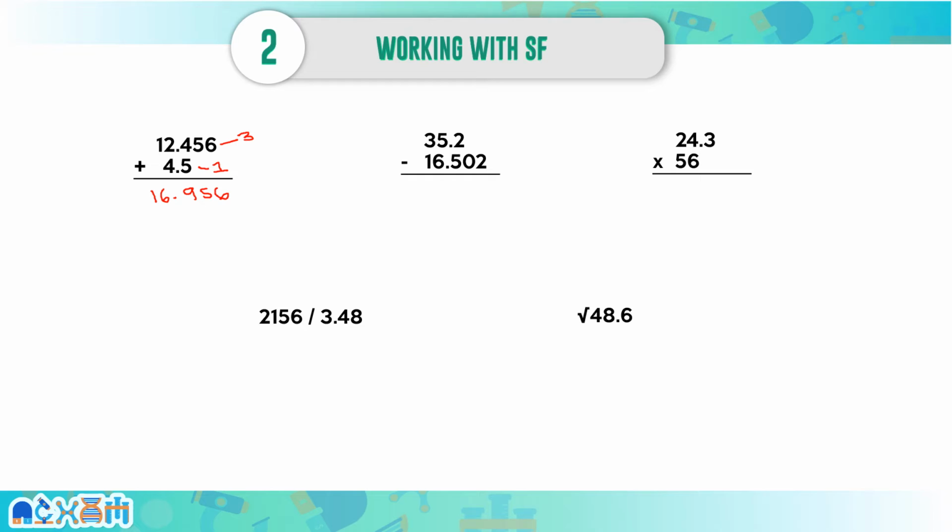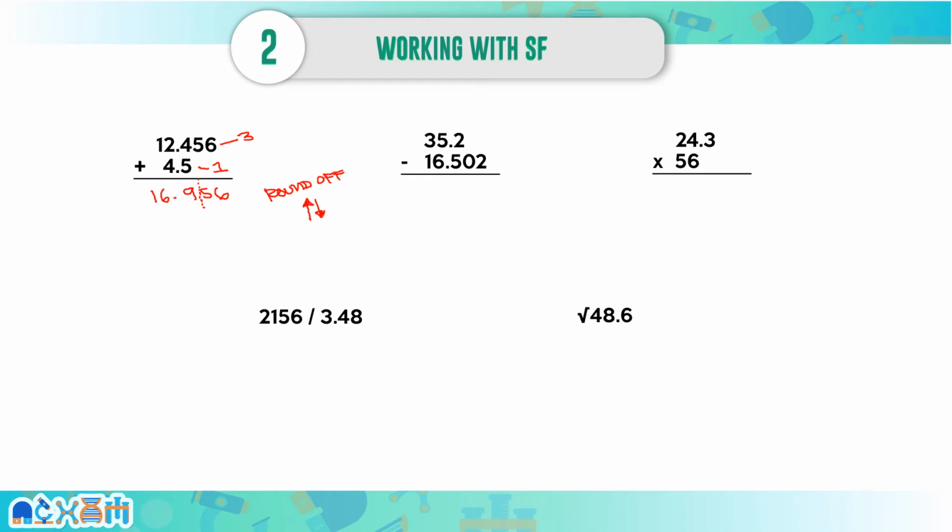16.956. So since we have to follow the 4.5, the least precise, or one decimal, we have to cut our answer within this one. And since this is already 9, we have to round off. When we say we have to round off, we either round up or round down.